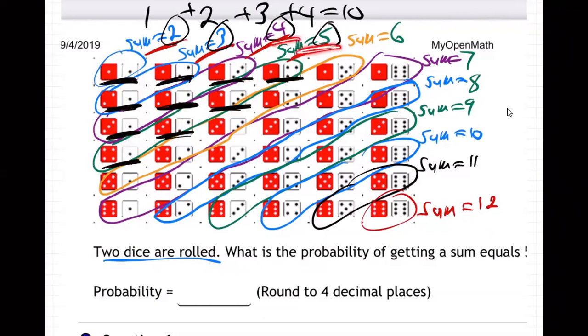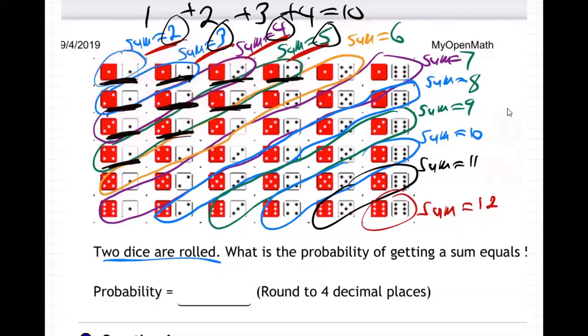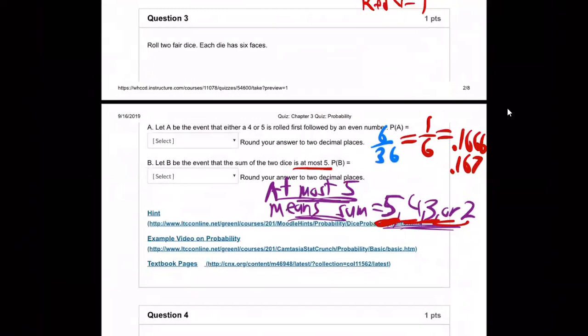Sum of 5, 4, 3, or 2, 5 or lower, has 10 outcomes out of 36, because there's 36 different things that can happen. 10 out of 36. That's the probability that you're going to get a sum of at most 5.